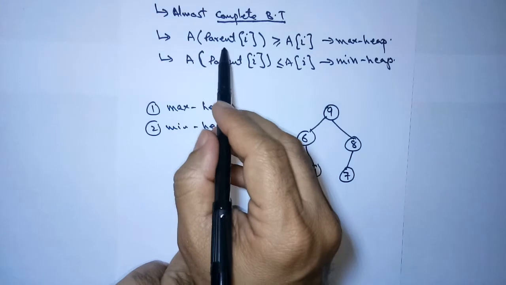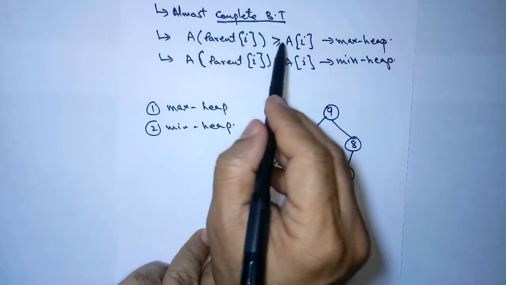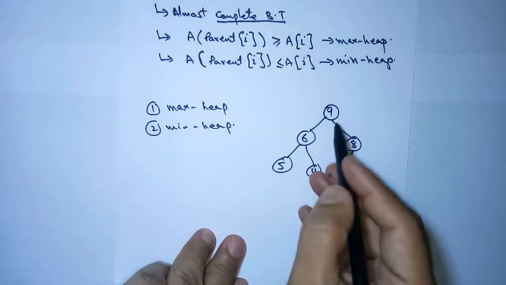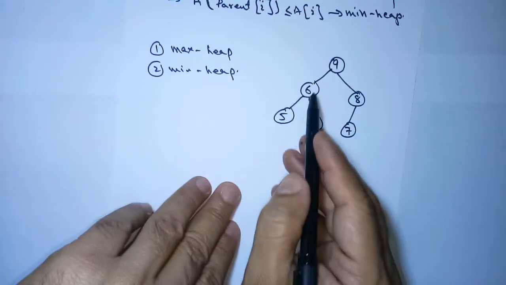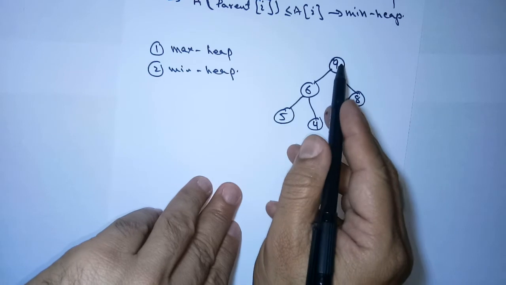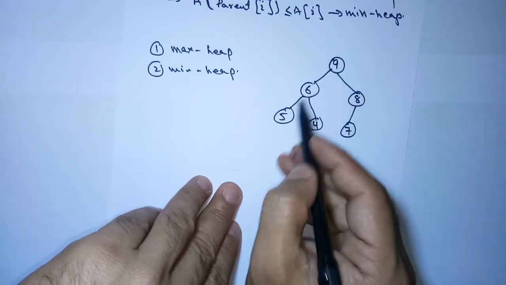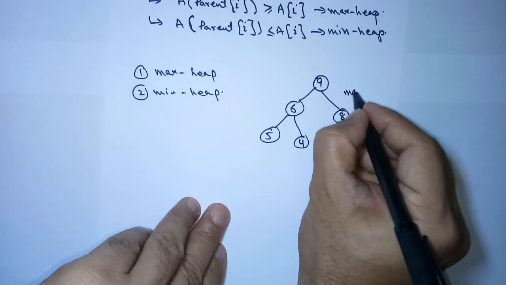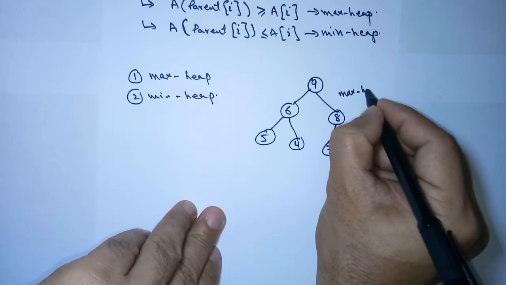So what does it mean? The parent node will be greater than all of its children. Here 9 is greater than its children. Here 6 is greater than its children. 8 is greater than its children. So if this is satisfied, then we call it a max heap.